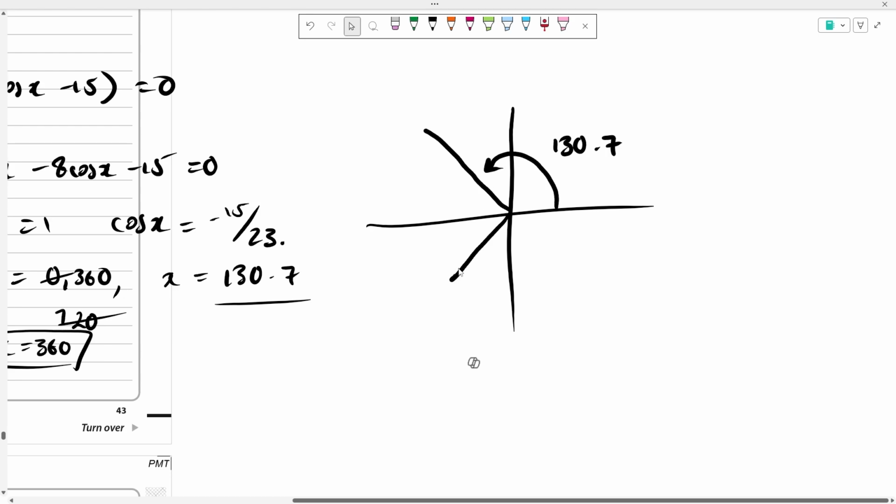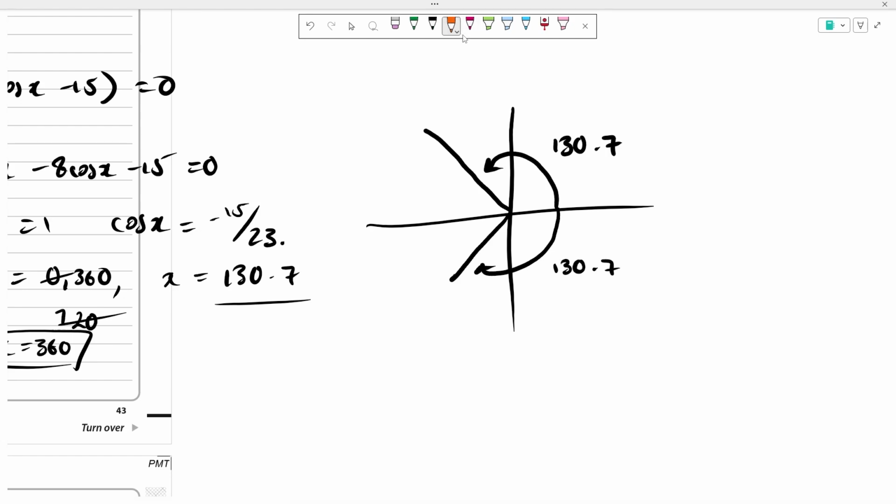You can think of it as, there are some videos on unit circles, and eventually I will make some videos of unit circles in depth. But this is how we can go about working this out. So that means that this angle here must also be 130.7 degrees.